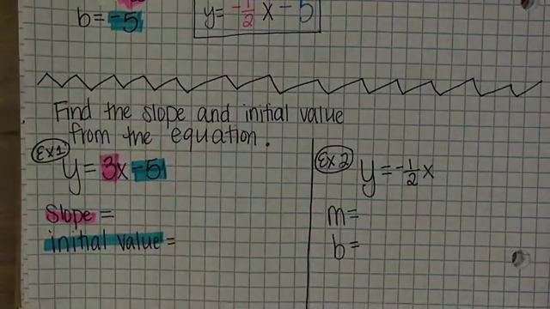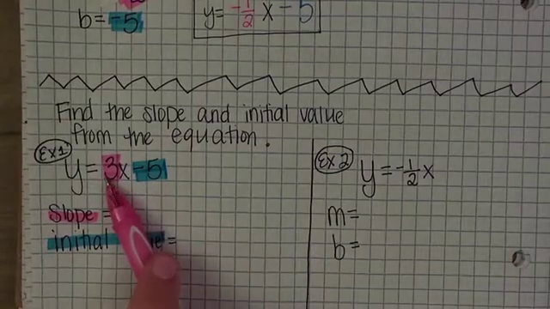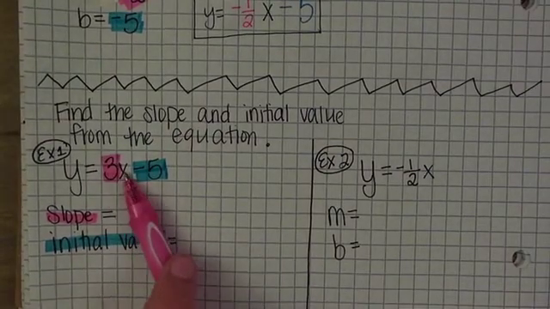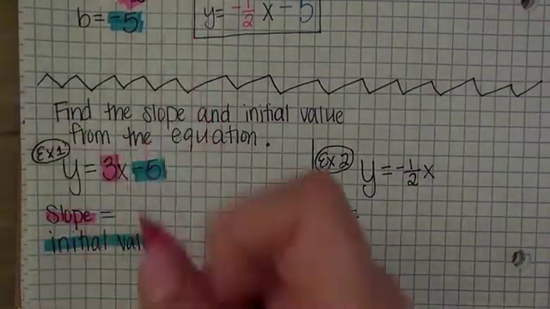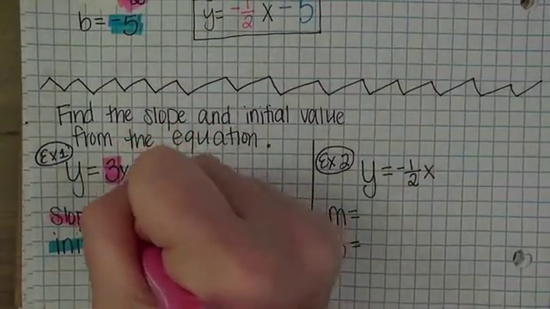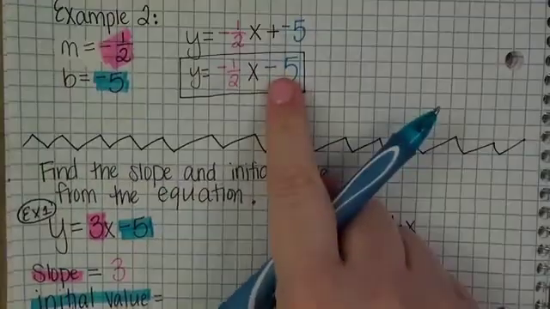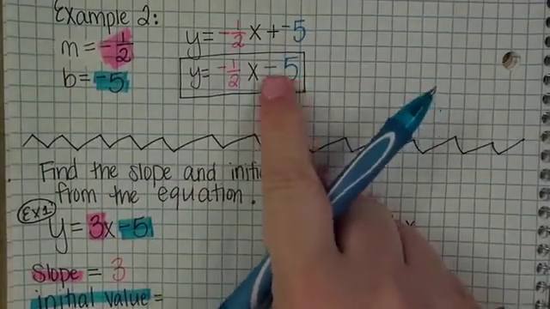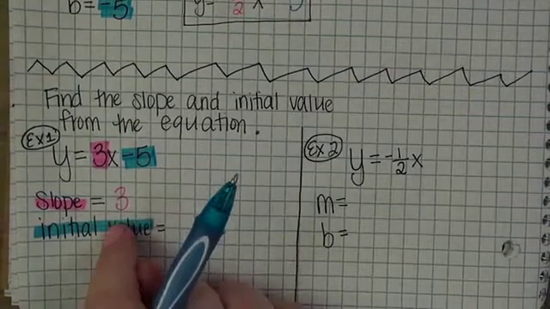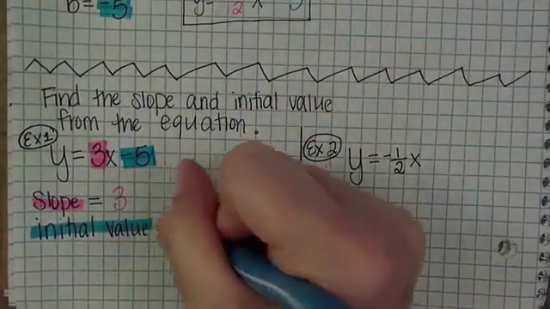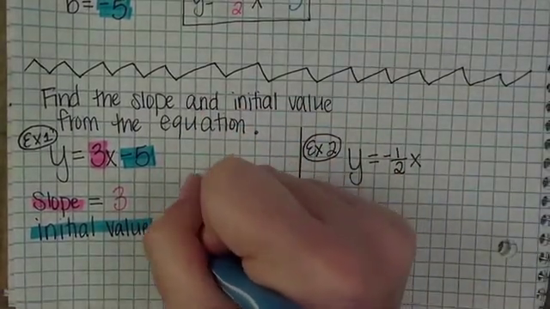So the slope is the number in front of x. Don't give the x, just give the number in front of x. So the slope would just be 3. The initial value, remember, think about this plus a -5 or just -5. So our initial value, they would have started at -5.